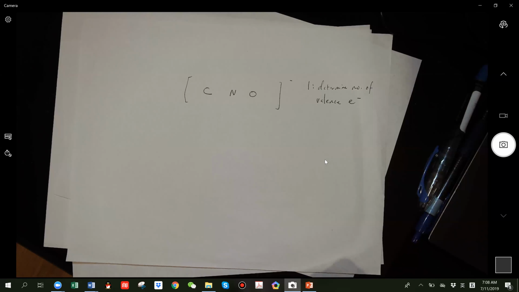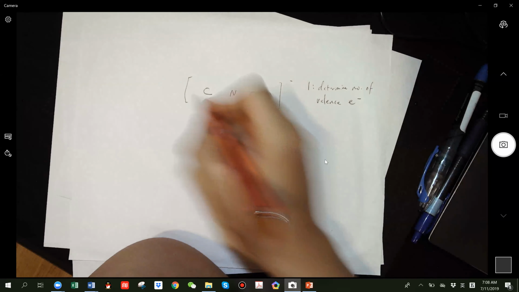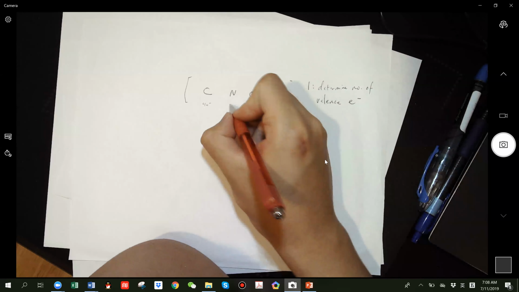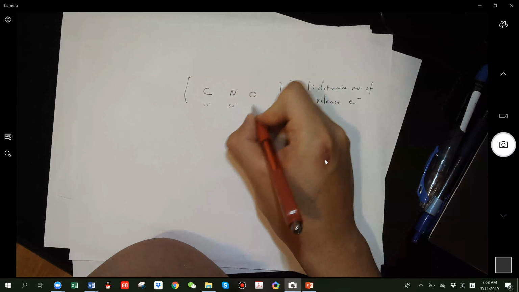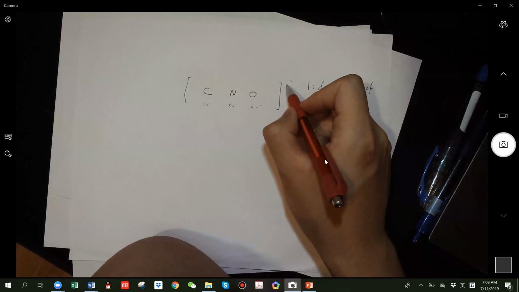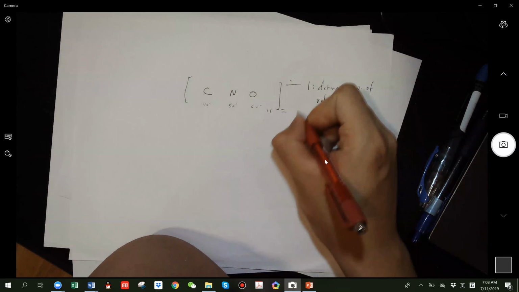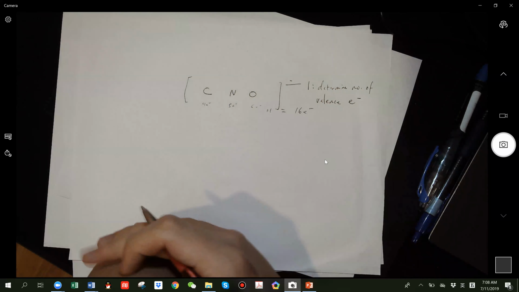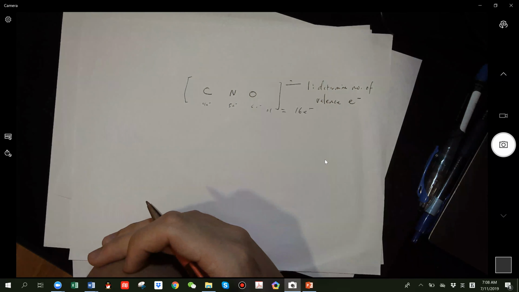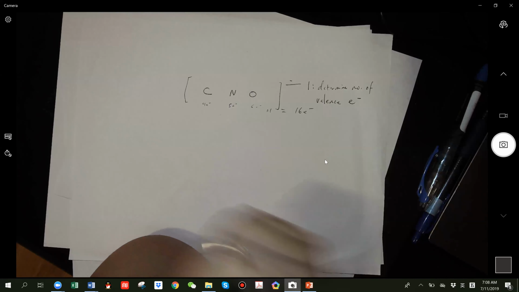So 6, 12. Yeah, right, 16. How did you get that number? We get 4 from carbon, 5 from nitrogen, and 6 from oxygen. And since we have a minus charge, we have to add another electron, +1, so this gives us 16 electrons. Does that make sense? Okay, so we have 16 electrons to work with.